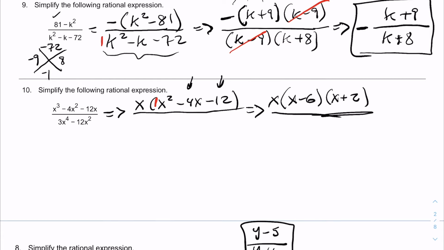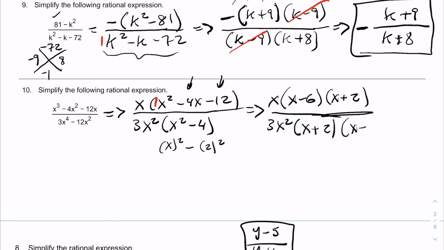Yeah, looks good. Down below, I'm going to factor out a greatest common factor of 3x squared. And when I do that, that leaves me with x squared minus 4. Turns out that this is a nice, beautiful difference of two perfect squares, which means it's going to factor further to x plus 2 times x minus 2.